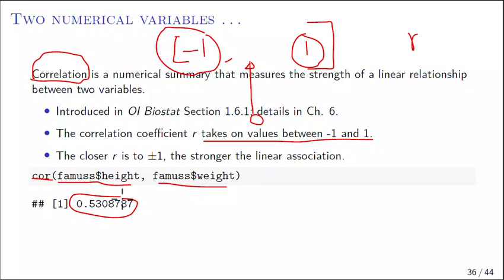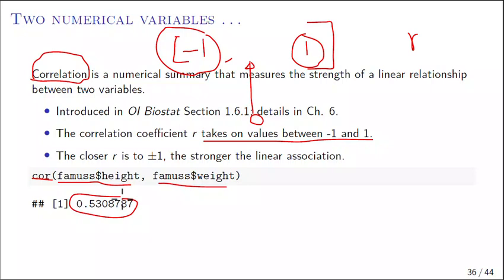And so this R can give us two pieces of information. Number one, whether it's positive or negative. That tells us the relationship is either positive or negative, okay? So that's kind of the direction, right?